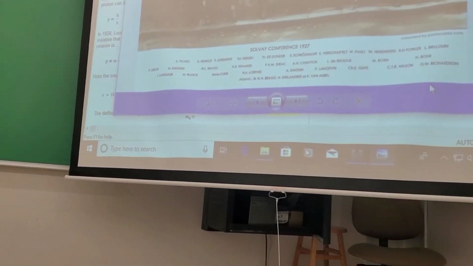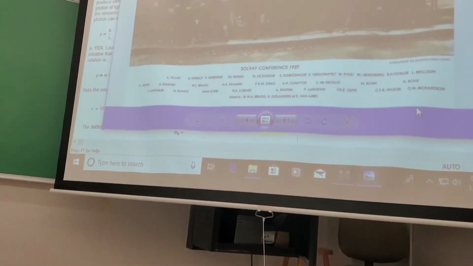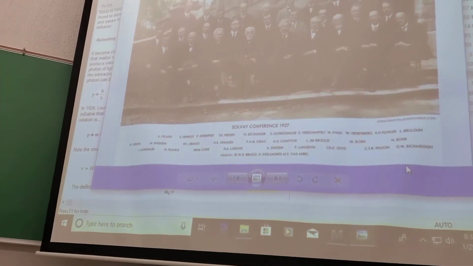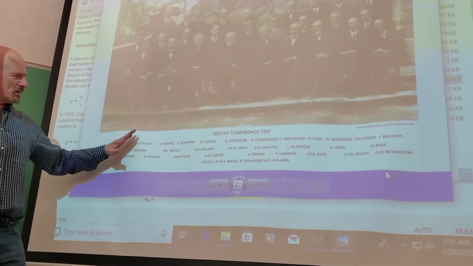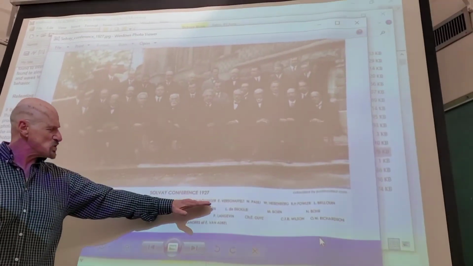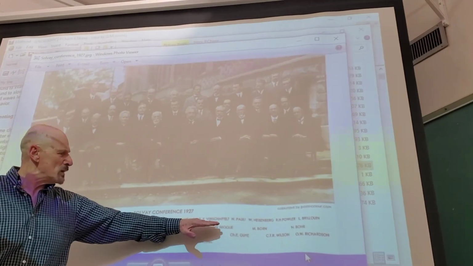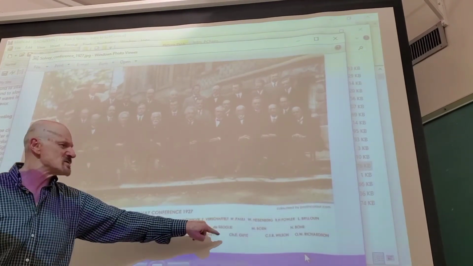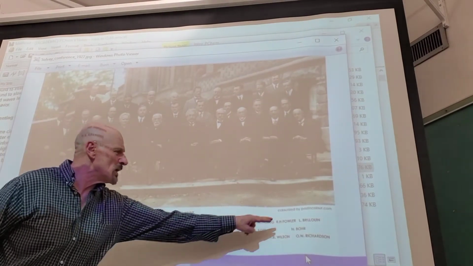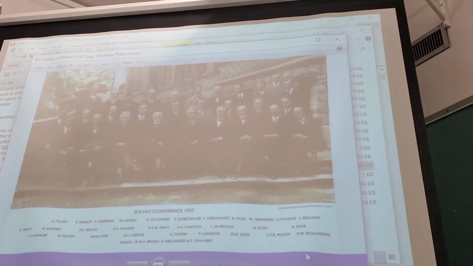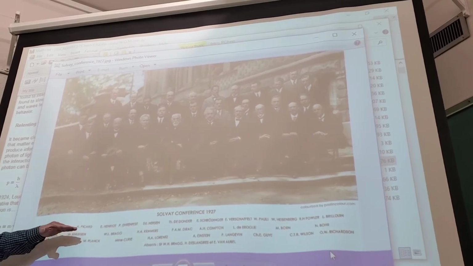Check this out. This is a single group photo. Look at the names. Here's Erwin Schrödinger, the wave equation. Here's Wolfgang Pauli, Pauli exclusion principle. Werner Heisenberg, Heisenberg uncertainty principle. Brillouin zones for crystals. You have Knudsen, we talked about the Knudsen formula.